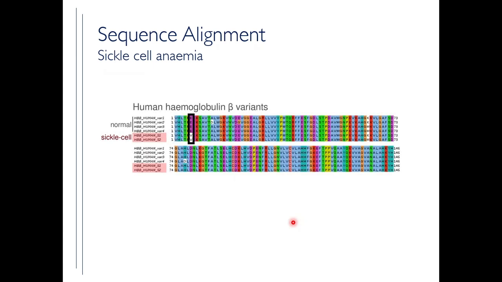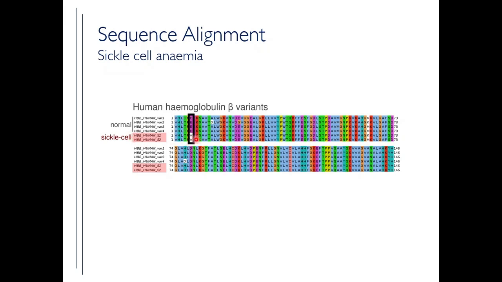So how do we know this? Well, what you can do is you can take normal human variants at the top here. So we've taken 4 variants and you can see their amino acid sequences as a string along here. And you can see they're all pretty much the same. However, you can see the 2 sequences from sickle cell patients.